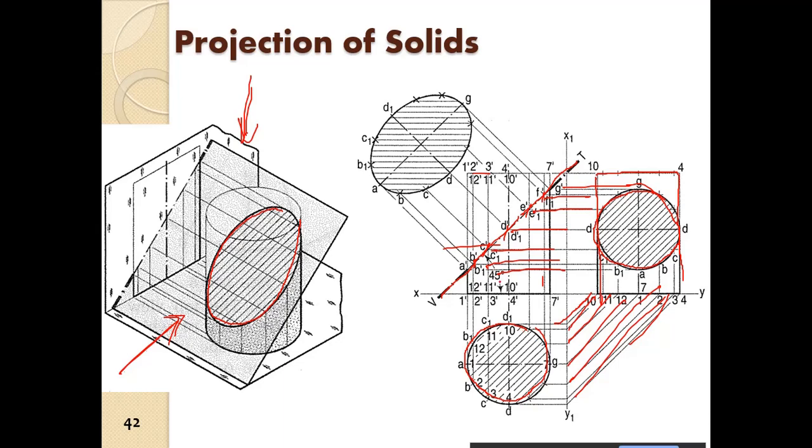Since it is 45 degree, if the angle is different, then only you will get some different view here in case of the side view. In case of the top view, it will always be a circle. Okay, it will always be a circle. And this is the front view. This is the front view over here.